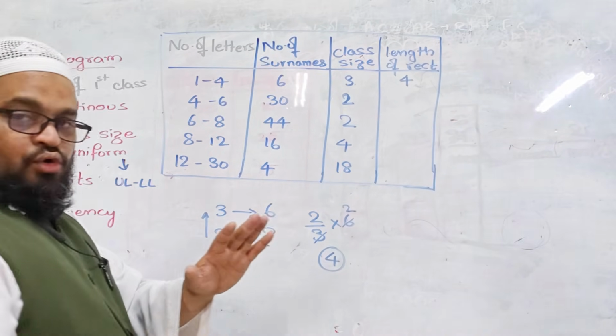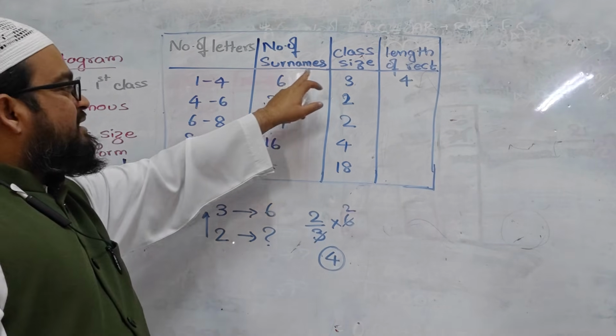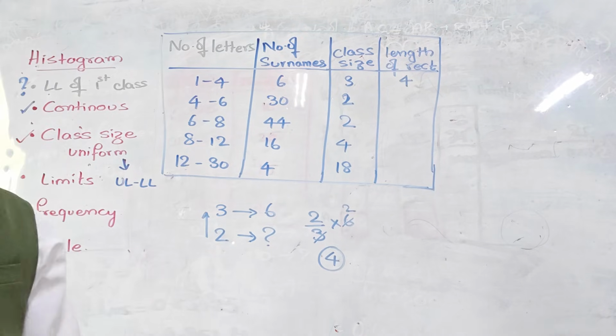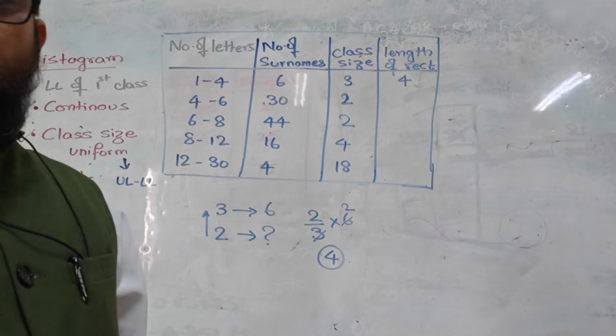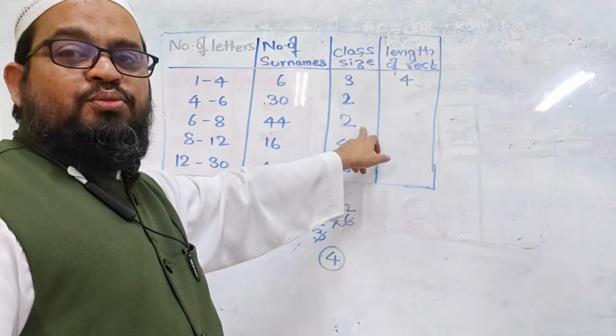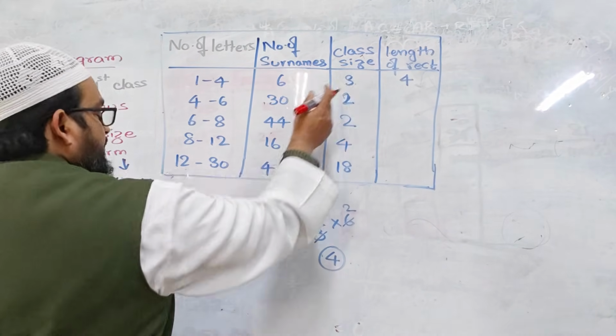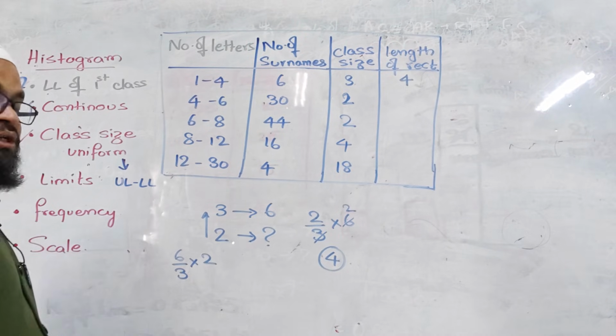Or if you don't understand this, 6 divided by 3 into 2. So simply you can remember it as frequency divided by class size into the smaller one. You can see 6 divided by 3 into 2, the smaller one.